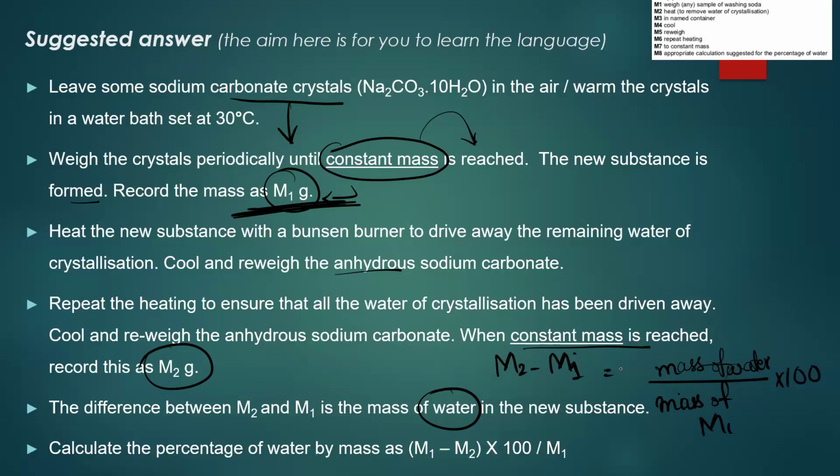So that's how you will take the percentage of any substance: the mass of that substance divided by the total mass of the substance, multiplied by 100. So that's how you will take it.